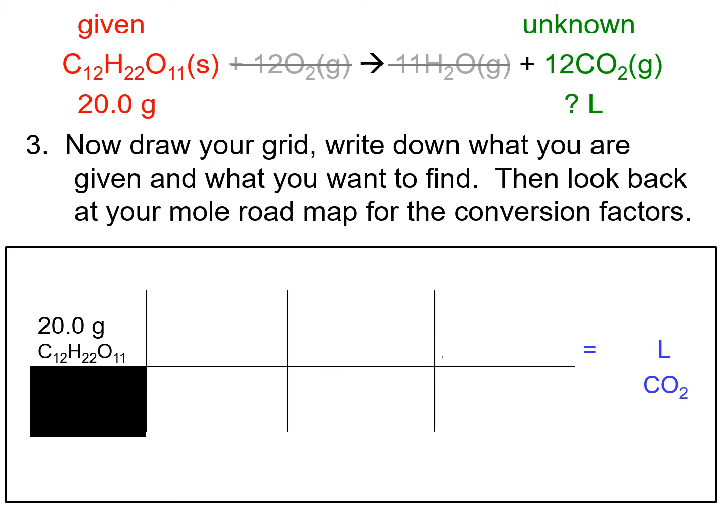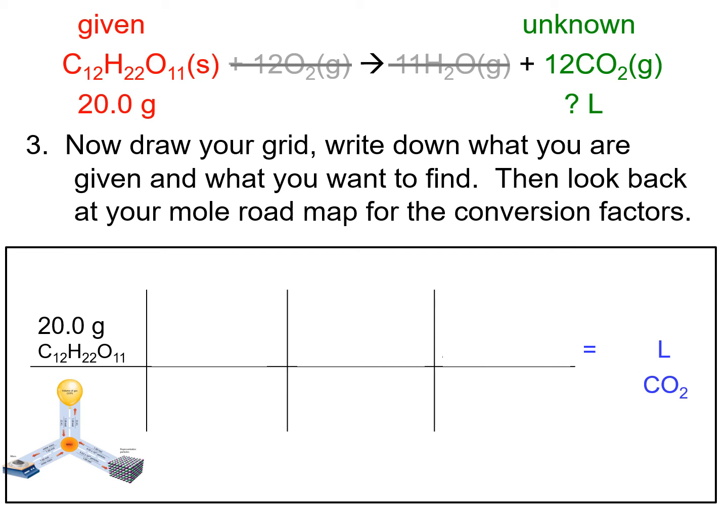The mole roadmap tells me that the first step is to convert from grams of sucrose into moles of sucrose. So if I add up 12 carbons, 22 hydrogens, and 11 oxygens, that's going to have a total molar mass of 342.3 grams. 1 mole of sucrose weighs about 342 grams.